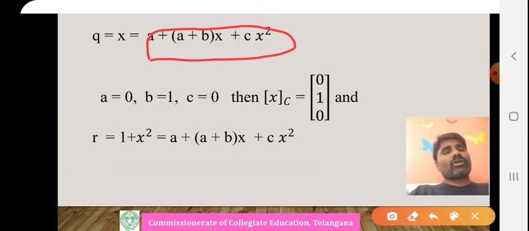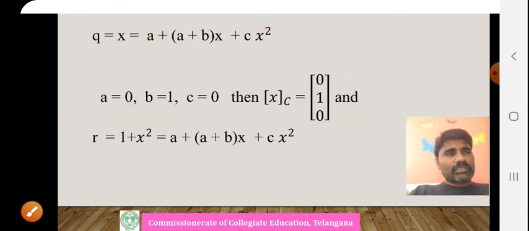Now equating the coefficients on both sides, there is no constant term on the left side, that's why a will be 0, and there is no x square term on the left side, that's why c will be 0. And a plus b is 1, that's why, since a is already 0, b equals 1. Therefore the coordinates of x with respect to this basis C is given by (0, 1, 0). This is the coordinate vector of x with respect to C.